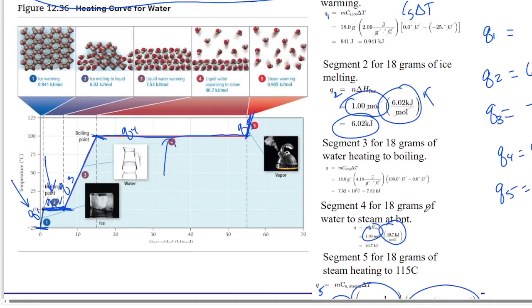To get the entire Q for the process, we just add up Q1 plus Q2 plus Q3 plus Q4 plus Q5.